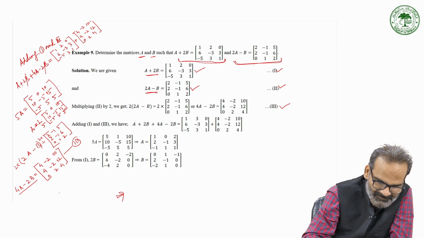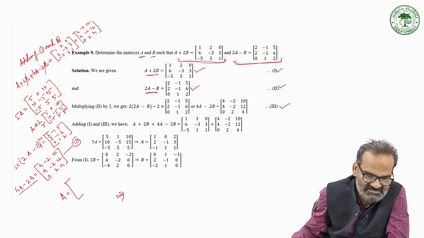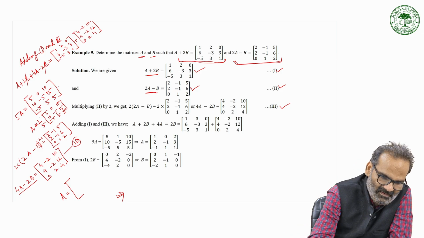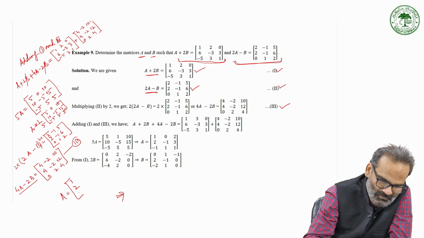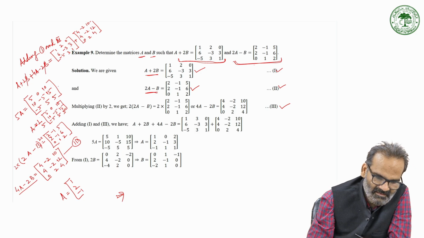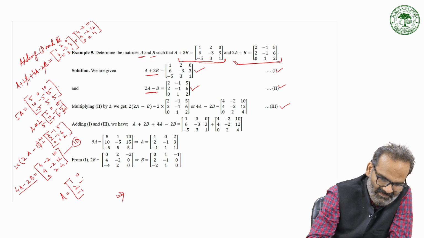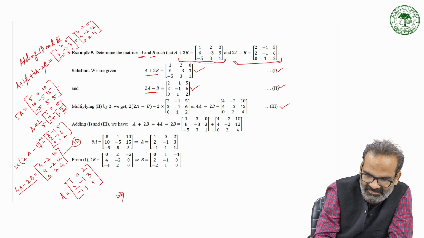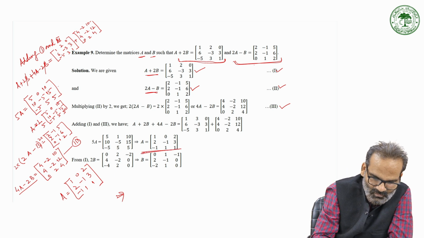So simply, the value of A will come out by dividing all these numbers by 5. What you will get is 1, 2, minus 1, 0, minus 1, 1, 2, 3 and 1. This is the value of A. What is A? See here, this is A: 1, 2, minus 1, 0, minus 1, 1, 2, 3, 1.